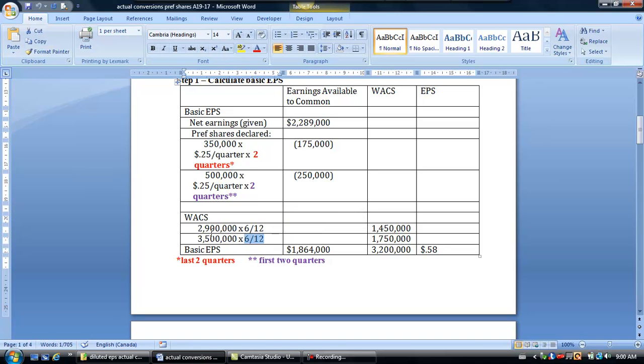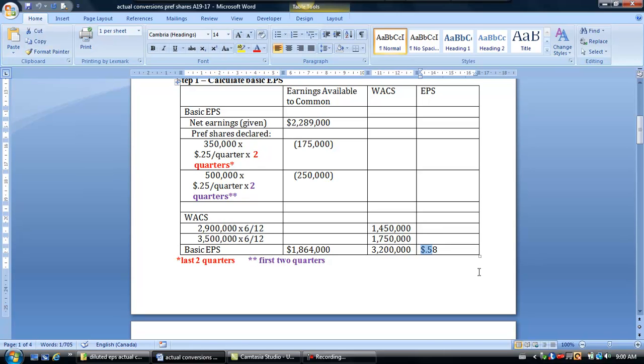So before those 600,000 shares were issued, I must have only had 2.9 million outstanding, 600,000 less than I now have. So those 2.9 million were outstanding for the first 6 months of the year. When I do a WACC calculation here, I get a WACC on average for the year of 3.2 million, which gives me a basic EPS of 58 cents a share.